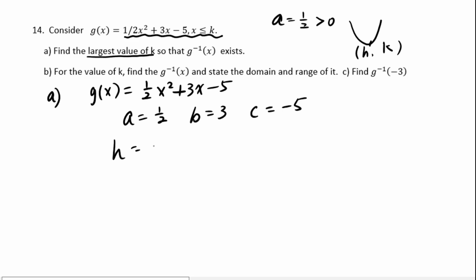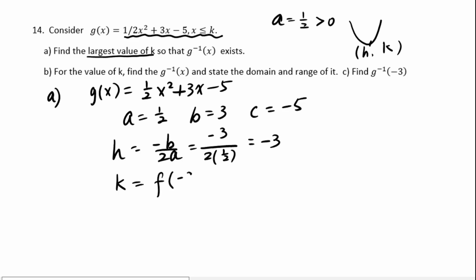For h equals negative b over 2a, negative 3 over 2 times 1 over 2, that equals negative 3. k equals g of negative 3.